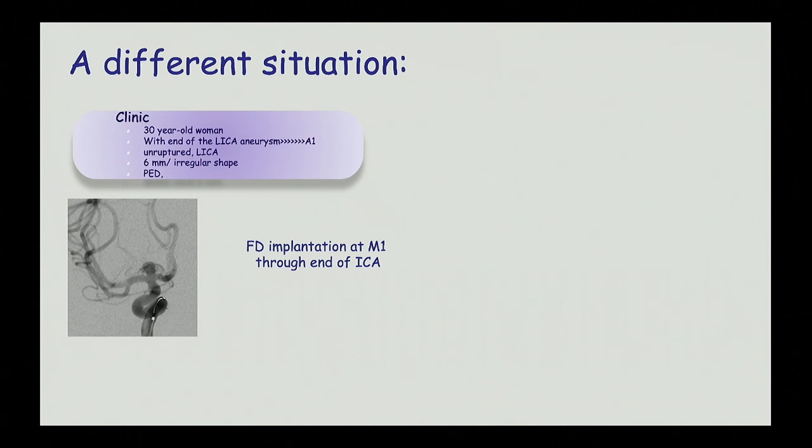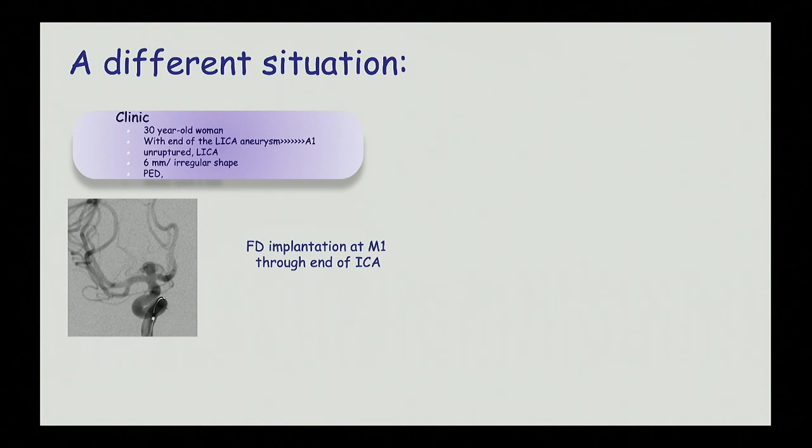It's not exactly at the end of the internal carotid artery, but slightly on A1 segment, which is a little bit different. If you look carefully, it's more on the A1 segment. So this kind of aneurysm is not so easy to treat.